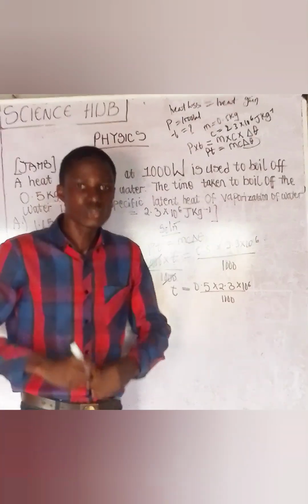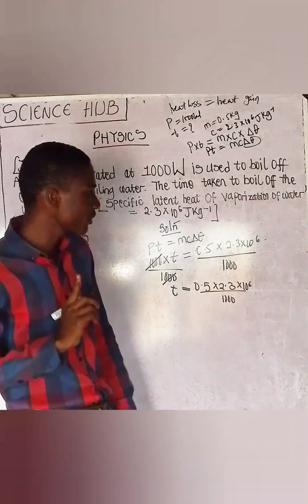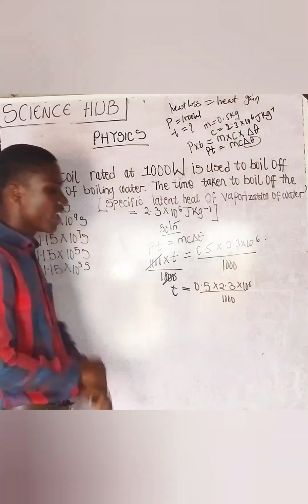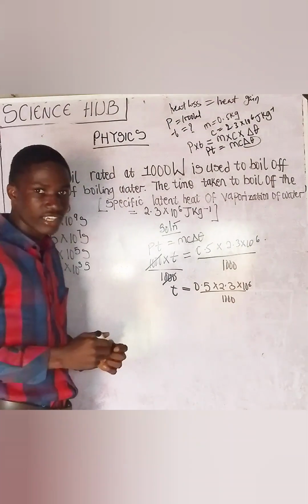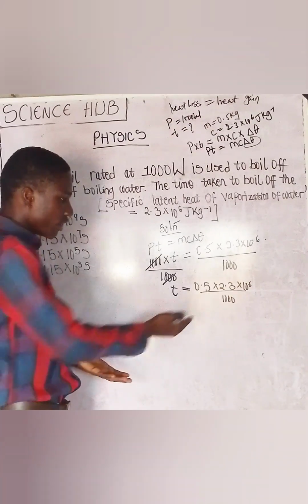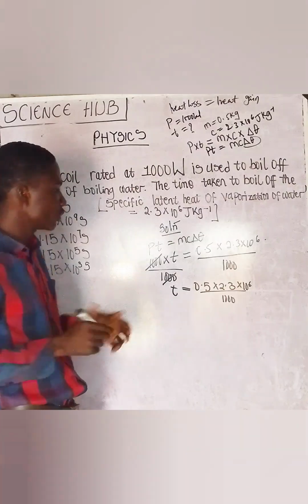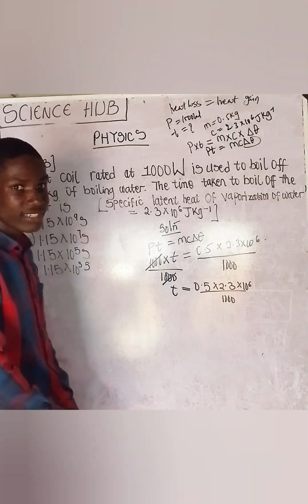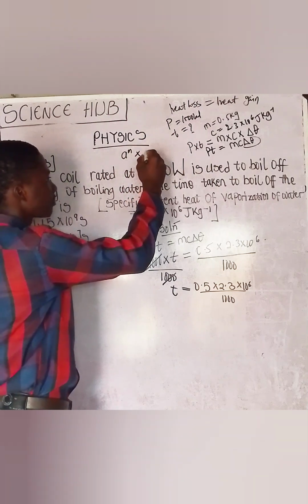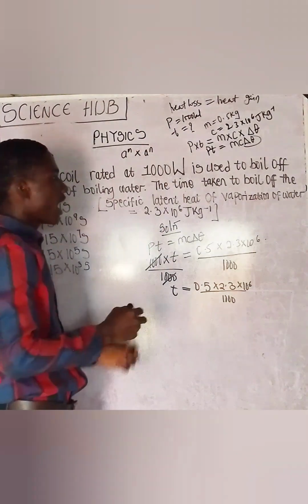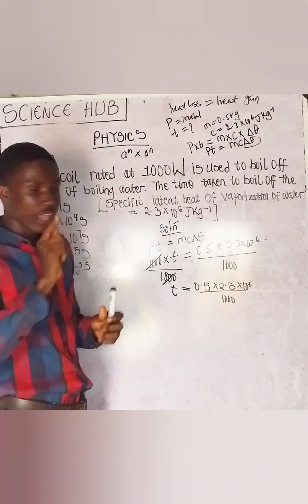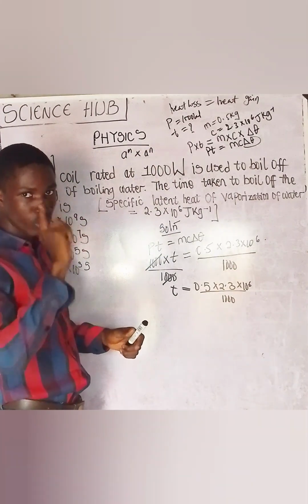This leads us into real mathematics, a particular topic in mathematics, that is indices. Whenever we have things like this, it is the concept of indices that will help us simplify this without a calculator. Remember that in mathematics, when you have a number base and a power, and another one with the same base, and the operation is multiplication, you take one of the base and sum up the power.